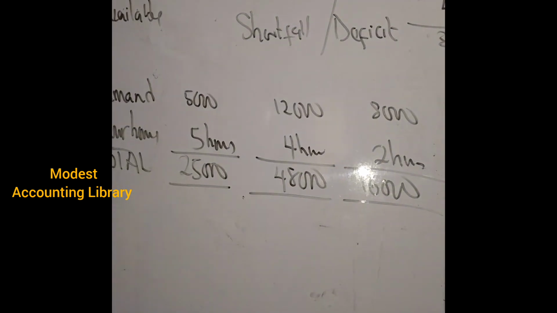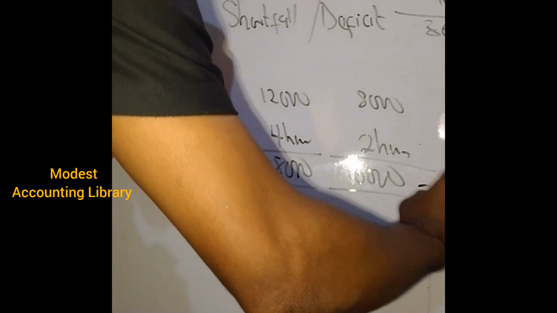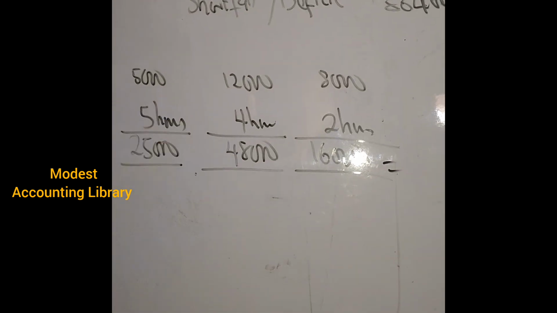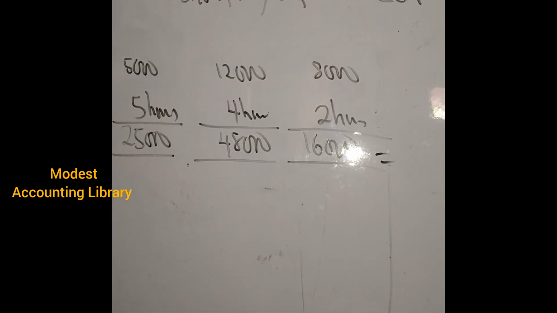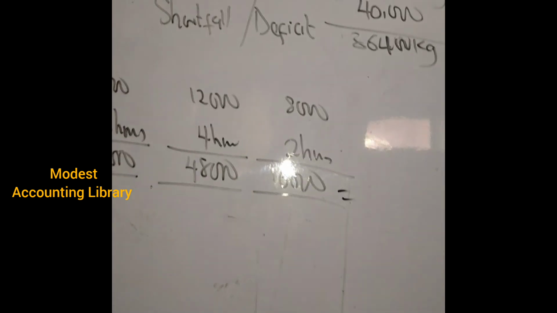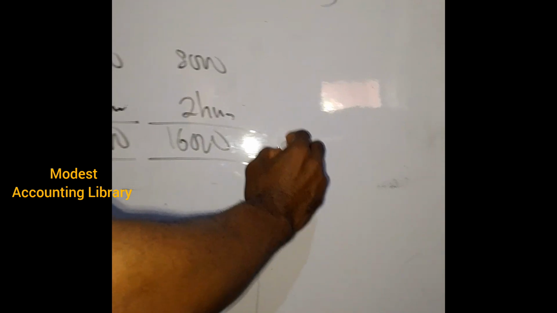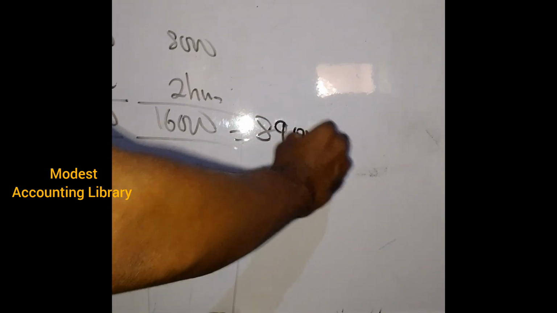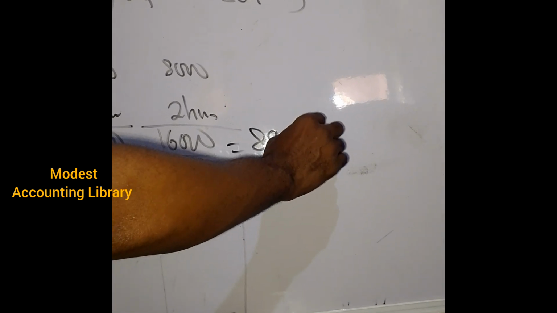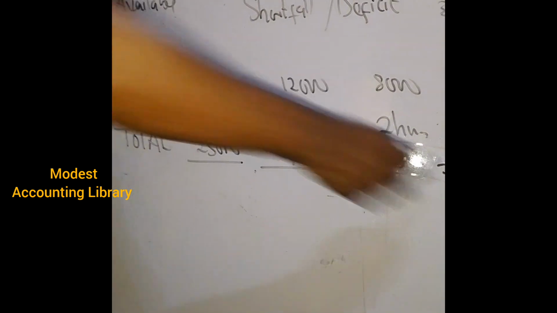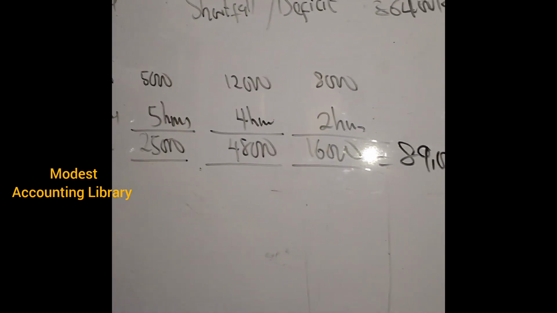So if this is total labor hours, I'm going to write the total here. 25,000 plus 48,000, that will give us what? Plus 16,000. So the total will be 89,000 labor hours. Okay? So this is the total labor hours that is required for this production.